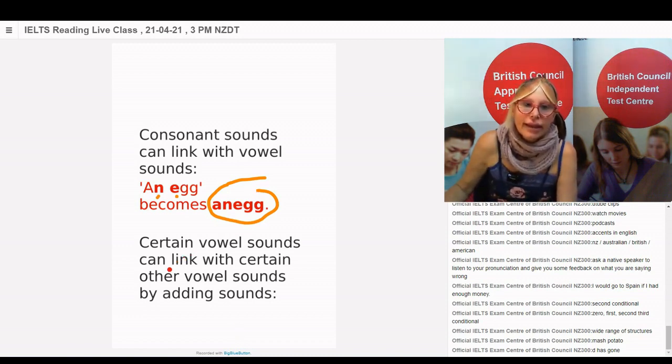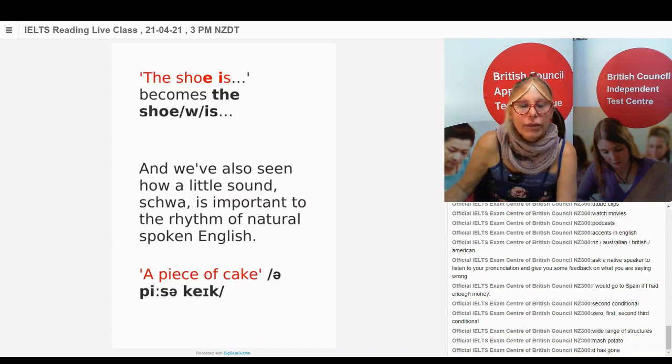Certain vowel sounds can link with certain other vowel sounds by adding sounds. So that means that we add sounds when we have two vowels together. So for example, the shoe is, we've got E as a vowel, I as a vowel. But when we say those two words together, it sounds quite different. It sounds like the shoe whiz, like we're adding a W. Isn't that weird?